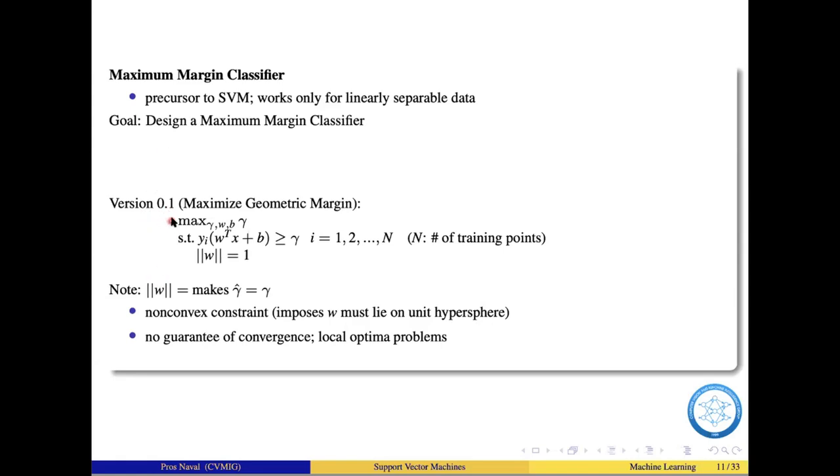Version 0.1. We want to maximize the geometric margin, right? So that's understandable.